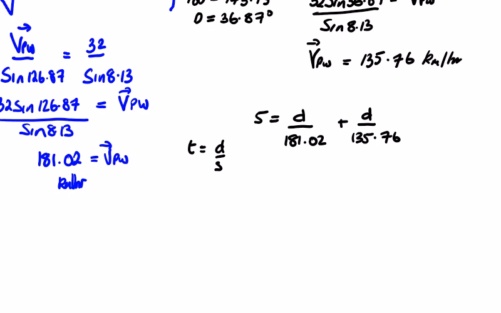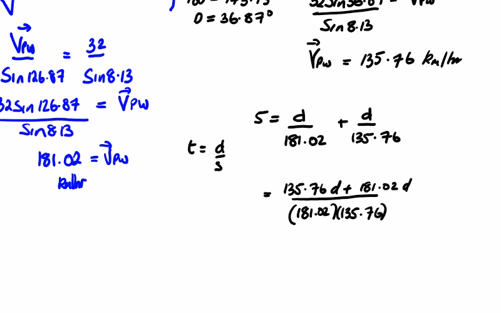So if we just do a simple algebraic fraction and do it maybe in one step, if I'm going to multiply the two things on the bottom, and then cross multiply on top, I'm going to get 135.76d plus 181.02d will be equal to 5.